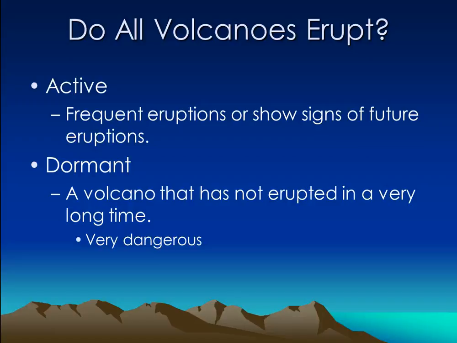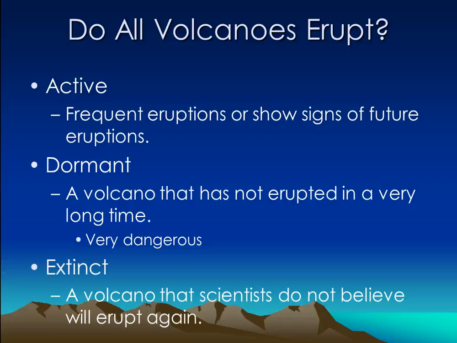A dormant volcano still can erupt, and it's very dangerous when it actually does erupt. And then there's an extinct volcano, a volcano that scientists do not believe will ever erupt again. That doesn't mean that they won't erupt again, but it's probably pretty likely that they won't erupt ever again.